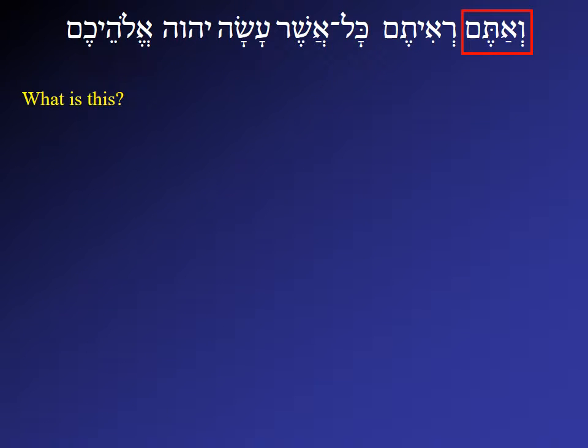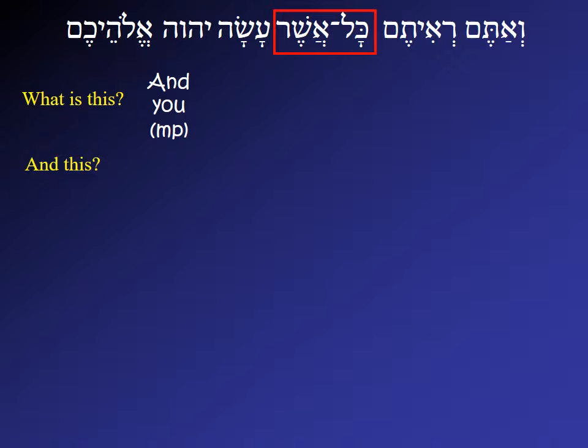Alright, so most of this sentence we actually know just by sight, I think. So ve'atem, simply vav plus second masculine plural independent personal pronoun, and you, masculine plural. This phrase, kol asher, just means all that.